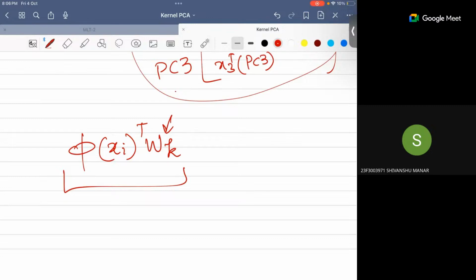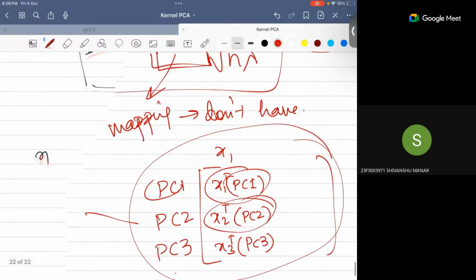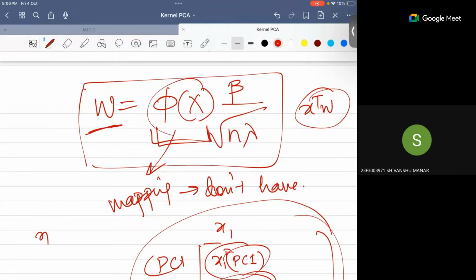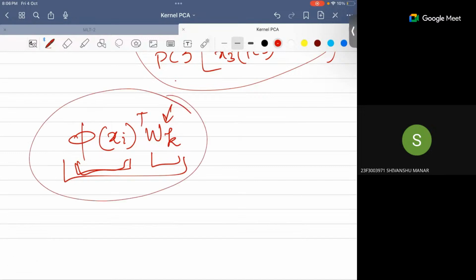Because we are not able to calculate the eigenvector, we just want to at least store the scalar projection of each mapped vector onto the eigenvector. Why are we not able to calculate it? Because we don't have this mapping. Are you able to understand this or not? So we'll just store the scalar projection of each mapped version of the data set onto the eigenvectors, correct?